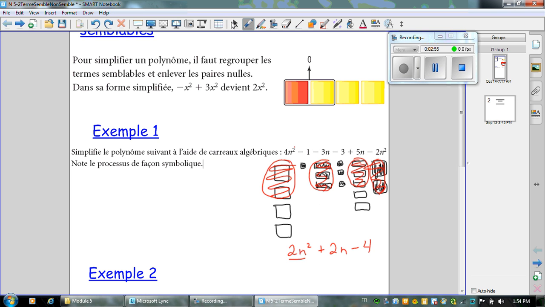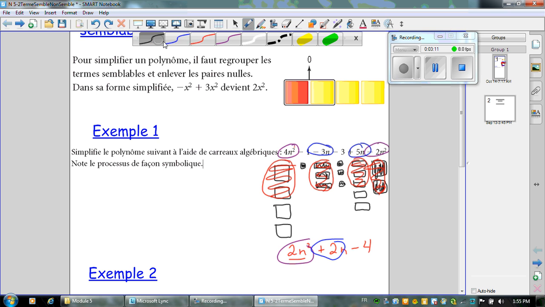Like I said, 4 here minus 2 is 2. And then same thing with my degree 1s. I have negative 3 here plus 5, so negative 3 plus 5 is 2. And then finally, negative 1, negative 3, negative 4.